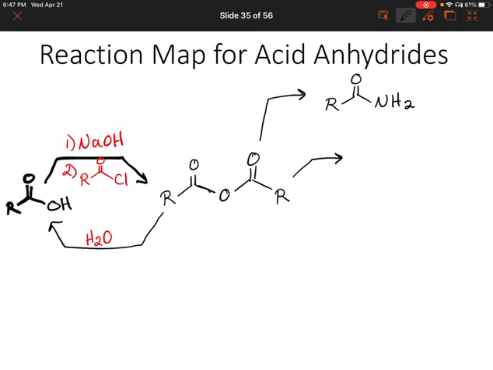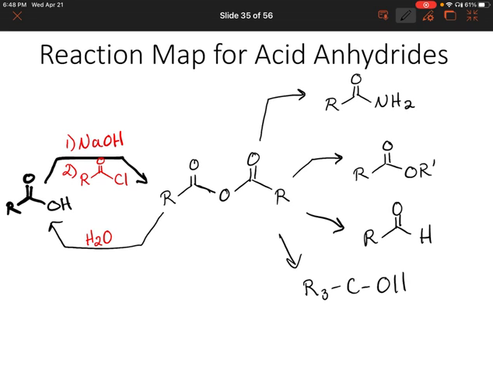We could also form an ester, an aldehyde, a tertiary alcohol, or a ketone. We could really do anything here that we did with acid halides.